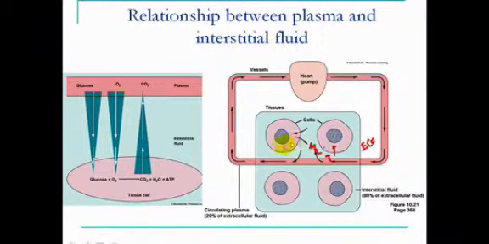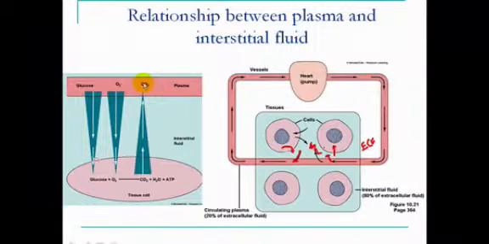And waste products are moving the other way. They're moving from the cell to the interstitial or extracellular fluid, and then into the capillary to get into the blood. Now remember, for a cell, he's going to be wanting to get glucose and oxygen from the blood for cell metabolism, and he produces carbon dioxide as a waste product, and he'll also produce nitrogenous waste that needs to get into the blood.